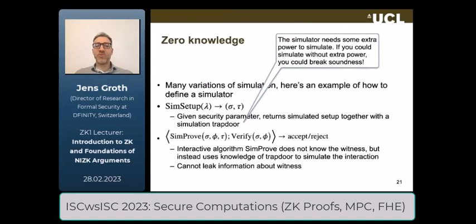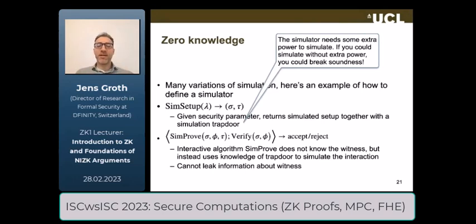Okay, so we want it to be the case that in a real normal setup and a real normal execution of the proof, it should not be possible to create a proof for a false statement. Okay, and therefore, if it's suddenly possible to simulate proofs, then it must be because there's something extra. The world is set up in a different way.